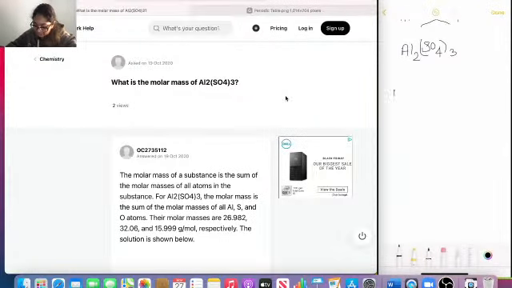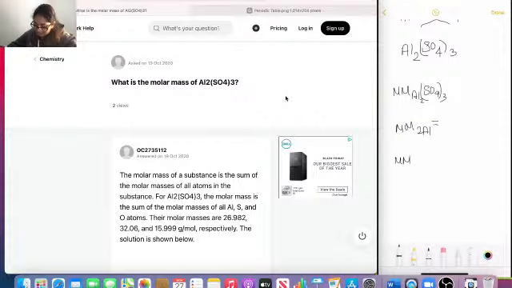So now we're just trying to find the molar mass of Al2(SO4)3. Let's break this down into the separate elements first. We have 2 aluminums. We have 3 sulfurs, so we just have to multiply the number of elements with the subscripts.